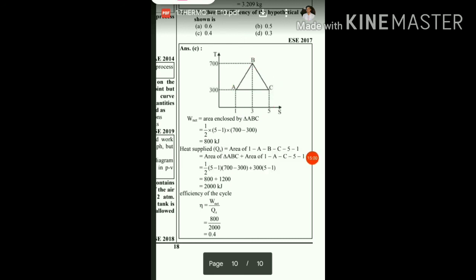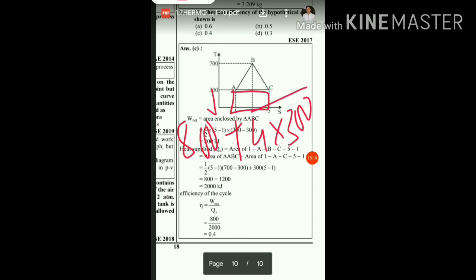Now we just have to find the area of this other region. It is a rectangle, so it should be equal to 5 minus 1, that is 4, into the height, which is this 300. So it will be 800 plus 4 into 300, that is 1200. This will be equal to 2000 kilojoule.